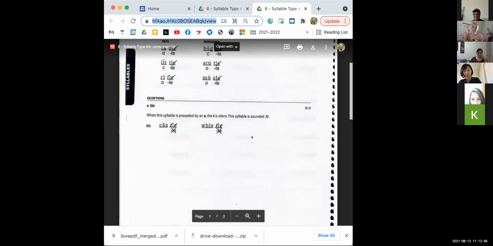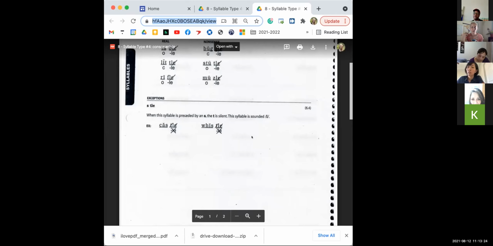All right, with our syllable type number 4, the consonant-LE syllable, you know there's an exception. There's always an exception. When the consonant-LE syllable is preceded by an S, as in STLE, the T will be silent as well. So we really only hear the "ul" sound.